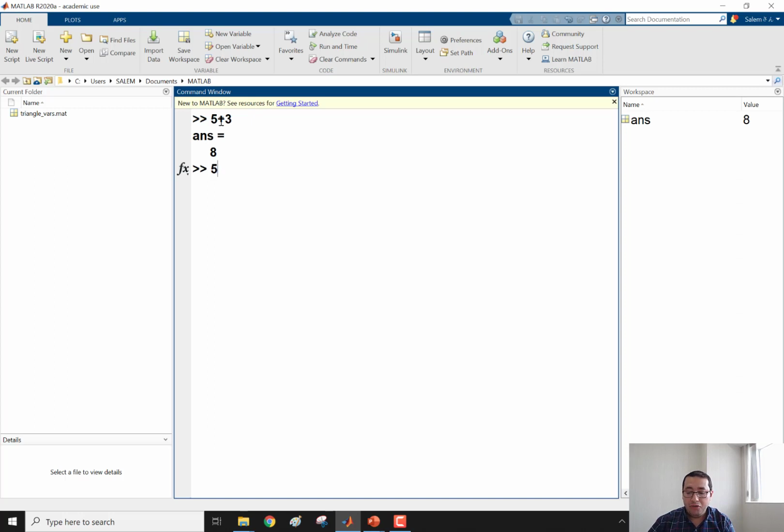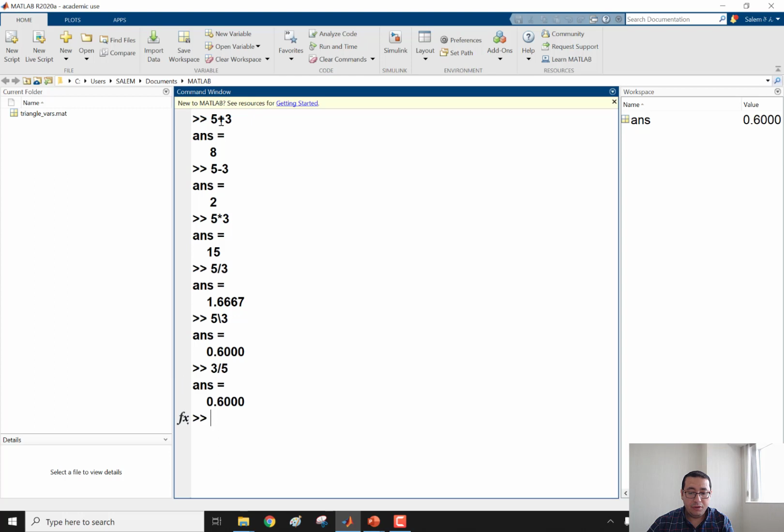And we can write 5 minus 3, the answer will be 2. And we can write 5 multiplied by 3, the answer will be 15. To check the right and left division, for the right division, the normal division, 5 divided by 3, the answer will be 1.667. For left division, 5 divided by 3, the answer will be 0.6. If we check again, 3 divided by 5, the answer will be 0.6.